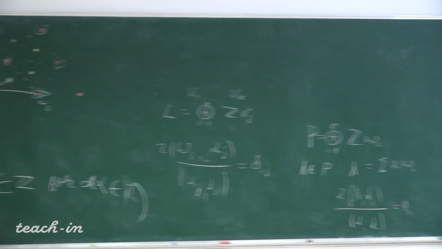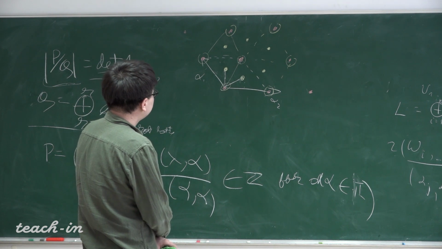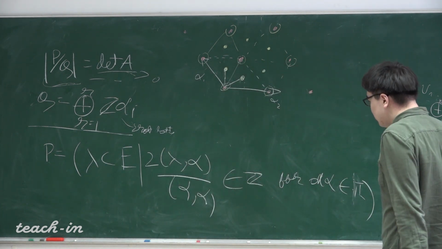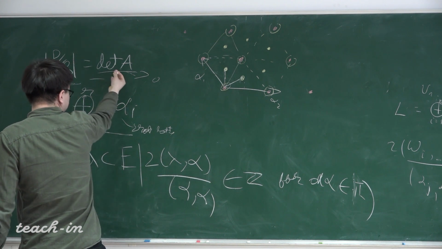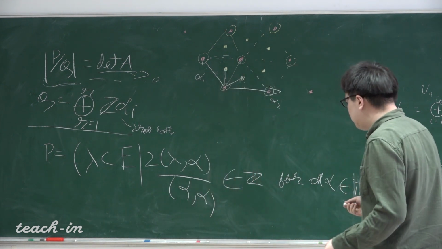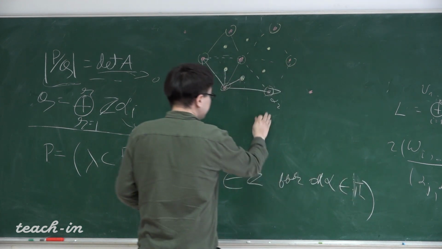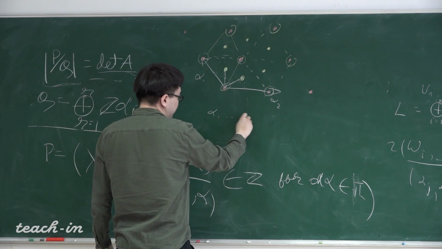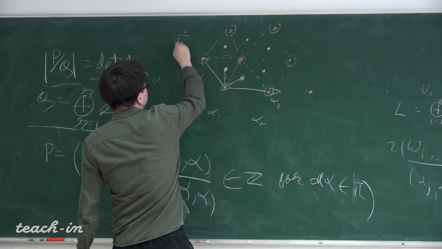Okay, so how to proceed then? My way is to reformulate this set and find some connection with this matrix. Because these guys alpha 1, alpha 2, ..., alpha r are simple roots, they are a basis of our Euclidean space.